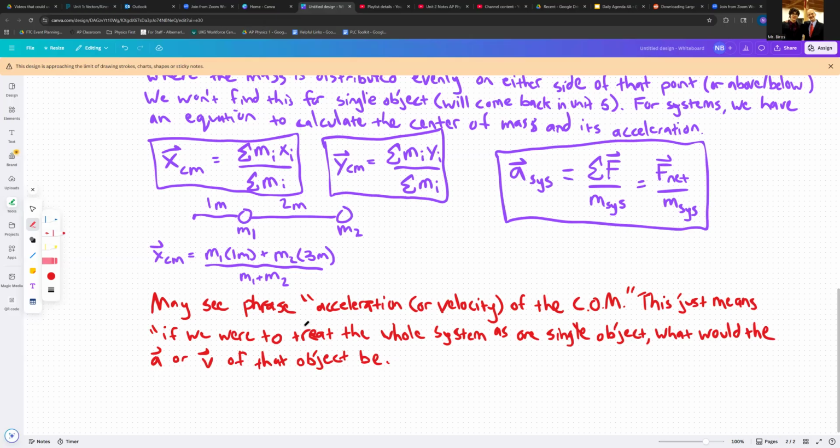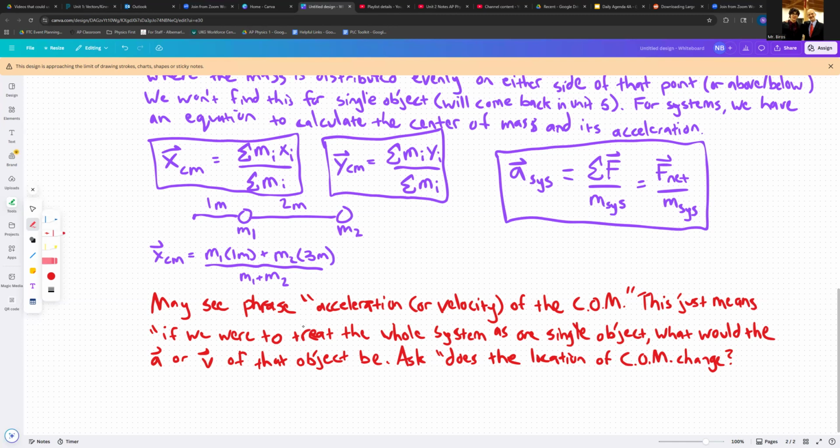Or what we can do is we can simply ask, does the location of the center of mass change throughout the process that's happening?